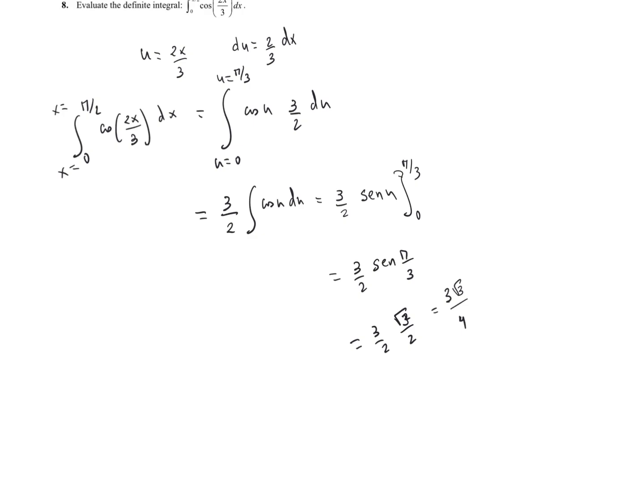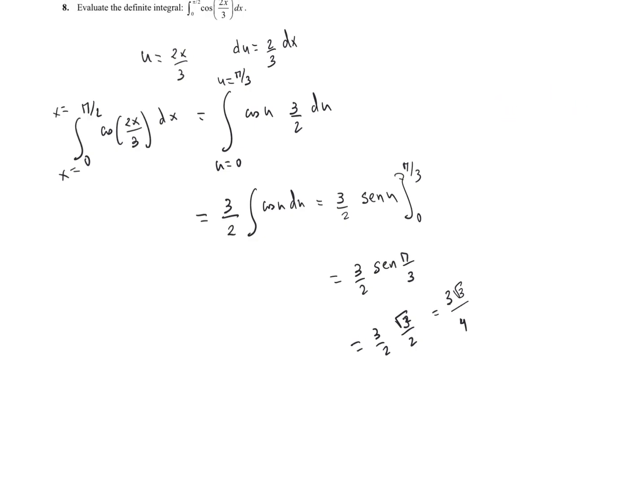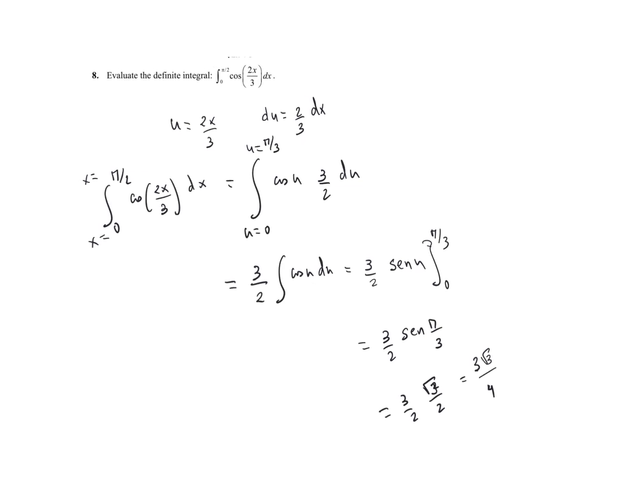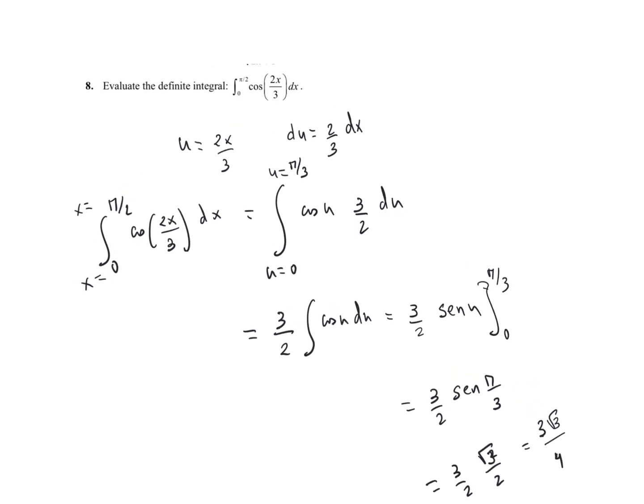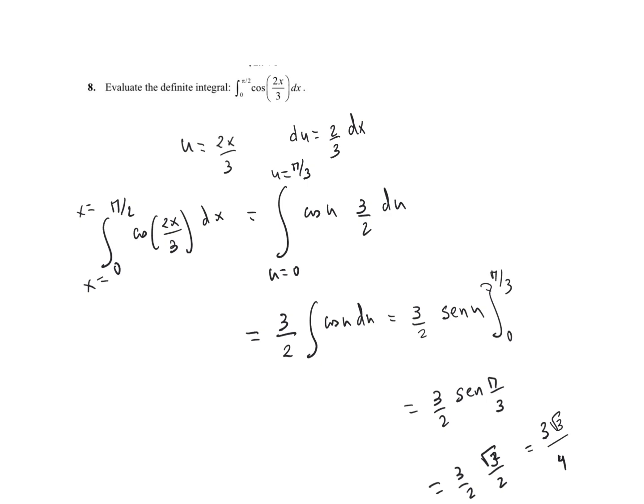Okay. I think this is the last one. I hope so. No, it's the 8th. So we have another problem. It says cosine of 2x divided by 3 dx. What you will do is choose u to be 2x divided by 3. Why?